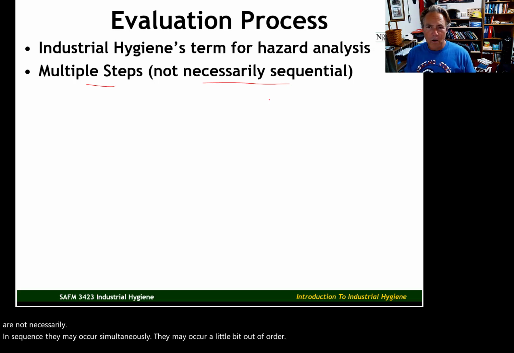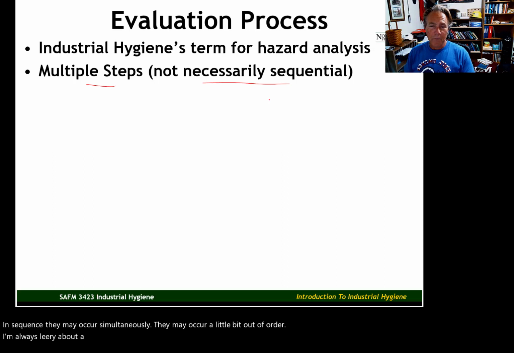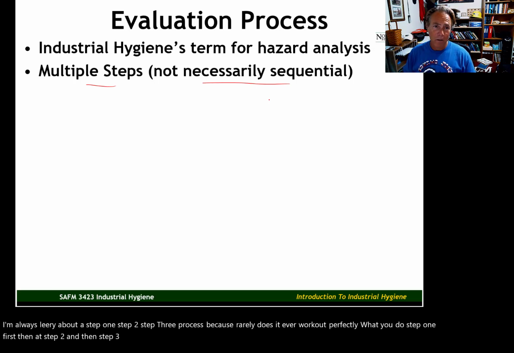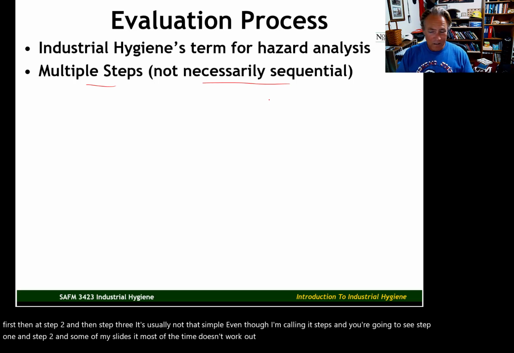I'm always leery about a step 1, step 2, step 3 process, because rarely does it ever work out perfectly. Well, you do step 1 first, then it's step 2, and then it's step 3. It's usually not that simple. Even though I'm calling it steps, and you're going to see step 1 and step 2 in some of my slides, it most of the time doesn't work out so nicely that it's going to be in perfect sequence in chronological order.